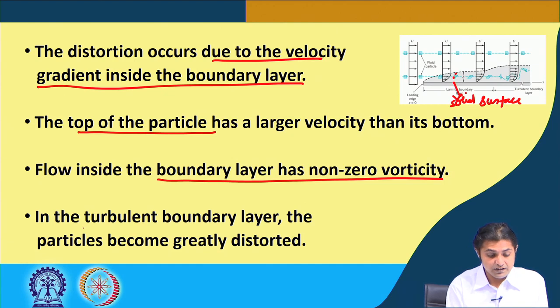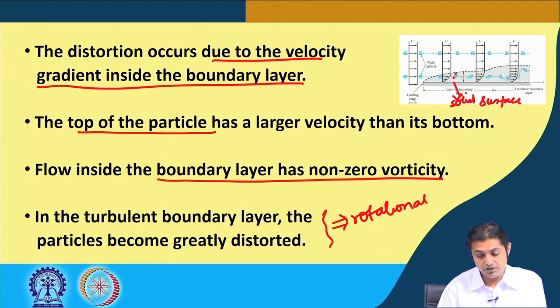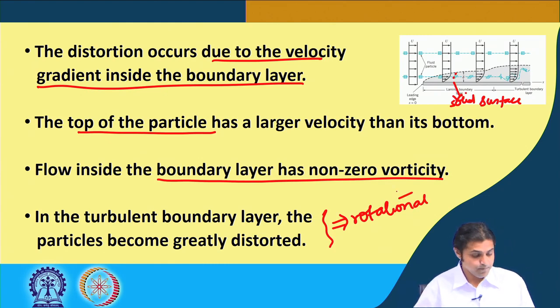In the turbulent boundary layer, the particle becomes greatly distorted. So, in the boundary layer, the flow is rotational. Okay.